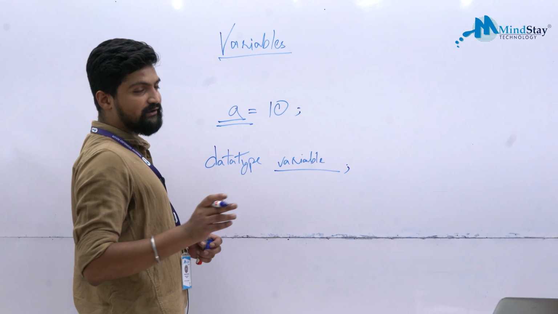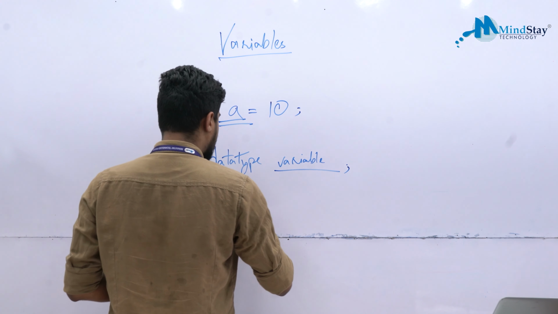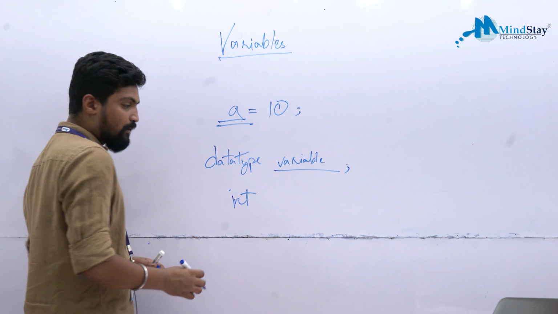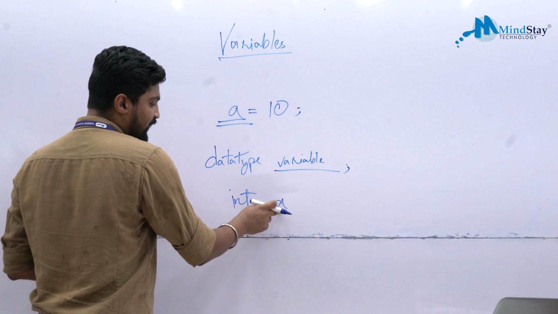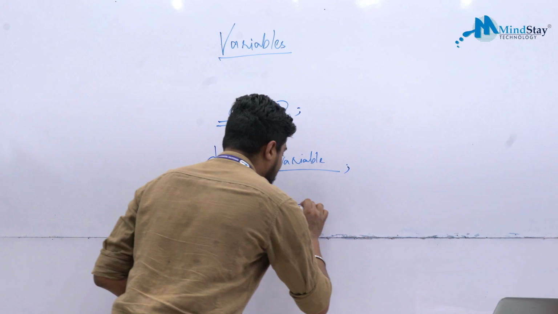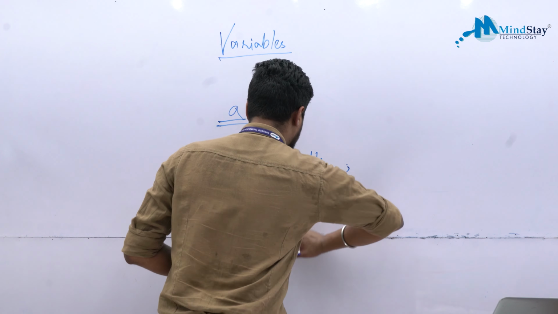We all know, in the starting of the session, I've told you int is a keyword and also a data type. It signifies the integer data type. So what do we do here? Int a, we are specifying this variable is of integer type, so it can only store integer values. We will talk about dynamic declaration later on.